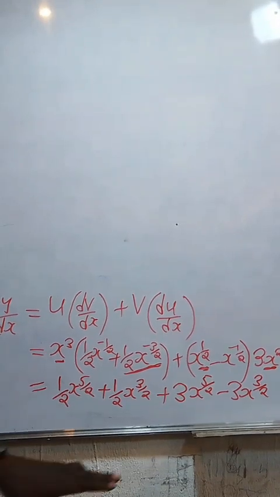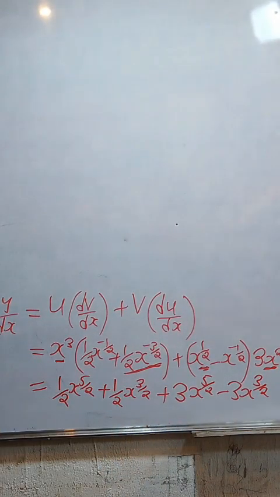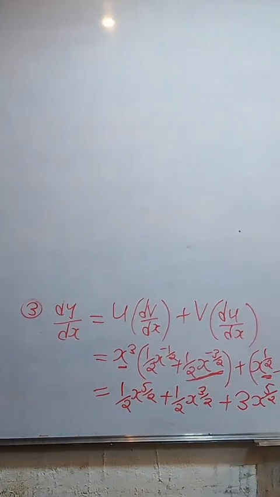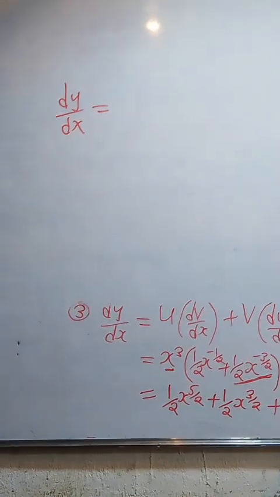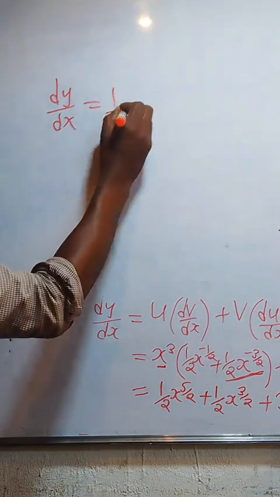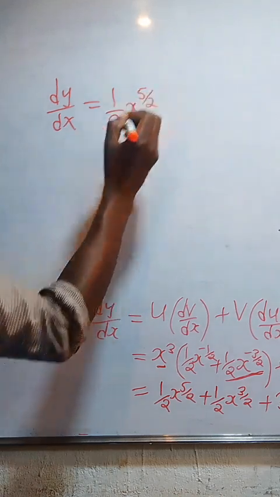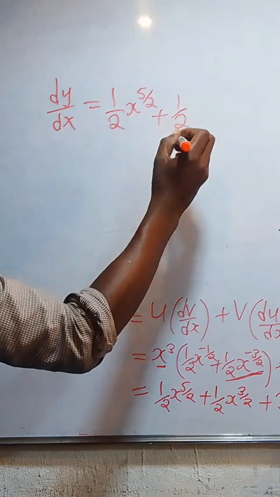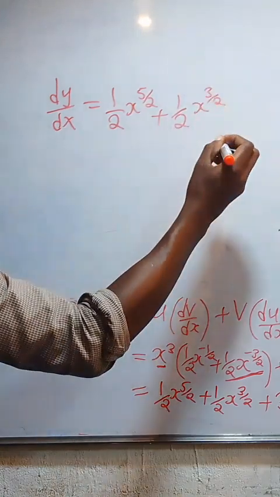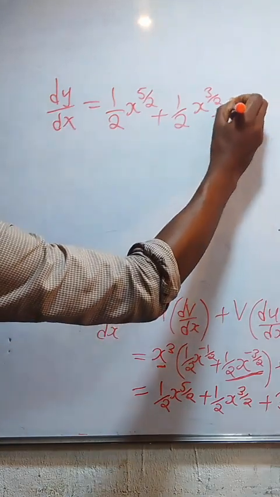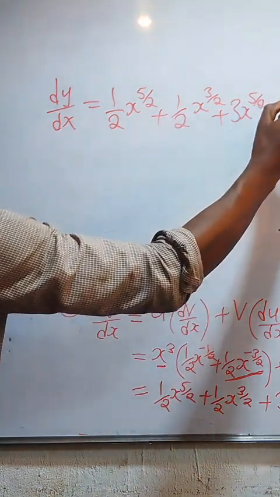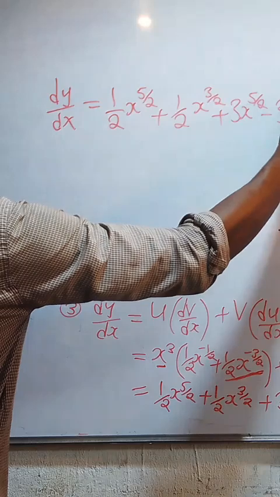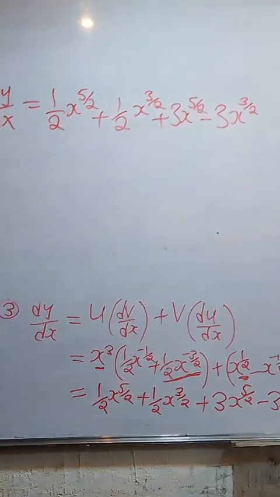So therefore, dy over dx will be equal to half x to the power 5 over 2, plus half x to the power 3 over 2, plus 3x to the power 5 over 2, and the last one, minus 3x to the power 3 over 2.